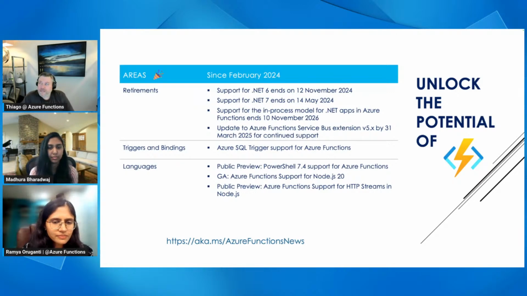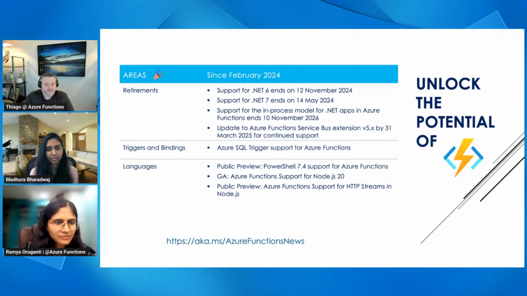There's only one exception: in Consumption, it won't scale for it, but for all of the other hosting plans, premium plan and App Service plans, those will scale appropriately. So please give it a try. It would be great to get your feedback on this item as well. And I know that Azure SQL has been a much asked for feature for Functions to integrate with, so we're happy to bring this to you.